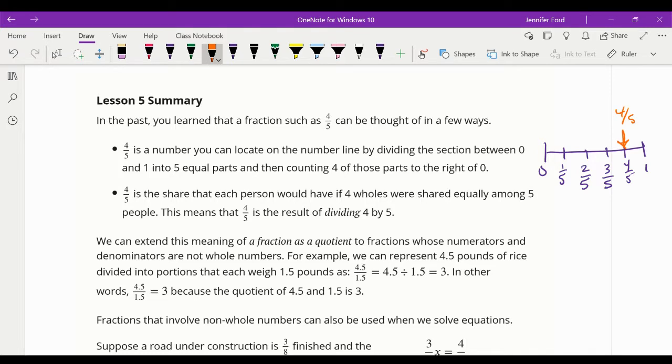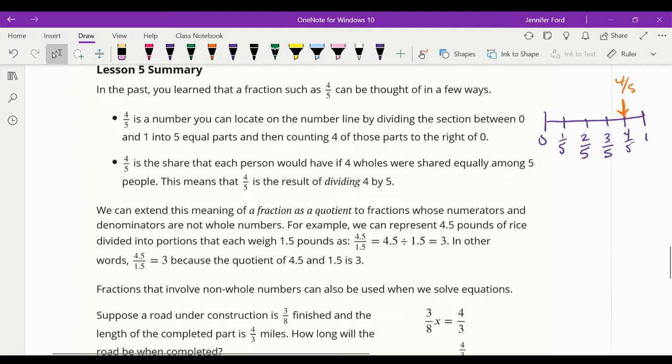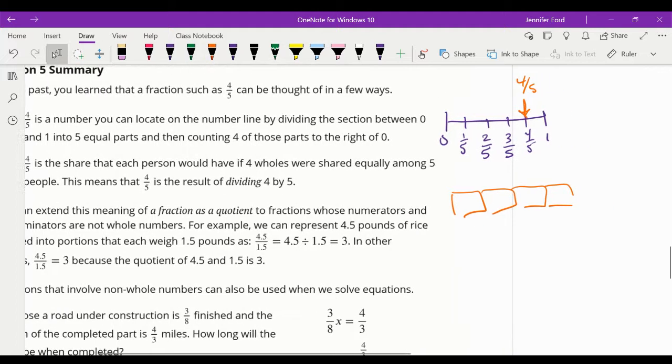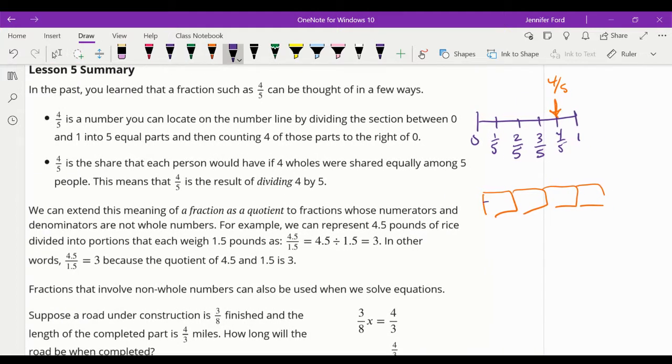4/5 is a share that each person would have if 4 wholes were shared equally among 5 people. This means that 4/5 is the result of dividing 4 by 5. So if I had 1, 2, 3, 4 things, and I'm dividing them between 5 people, each person would get that much.